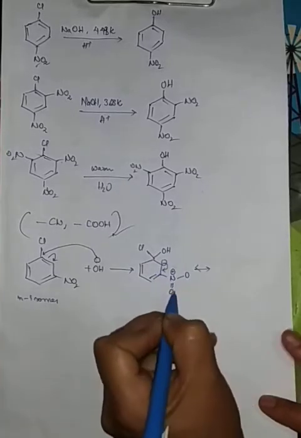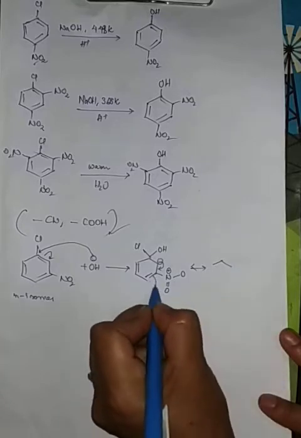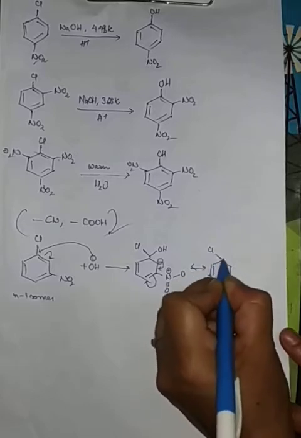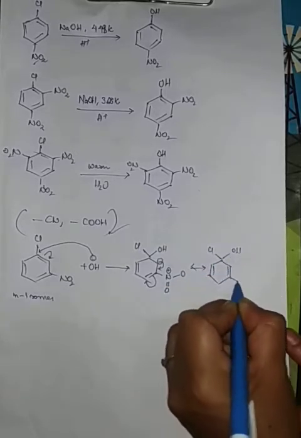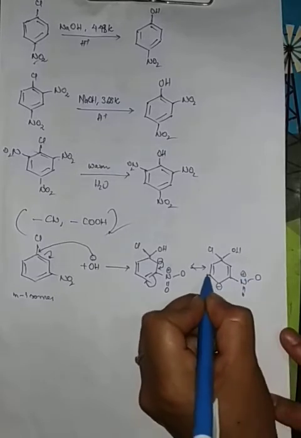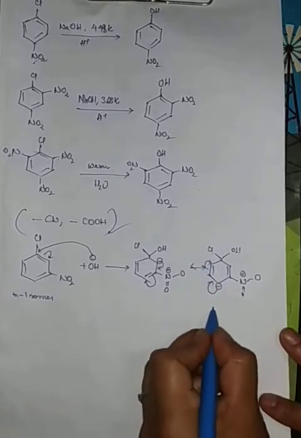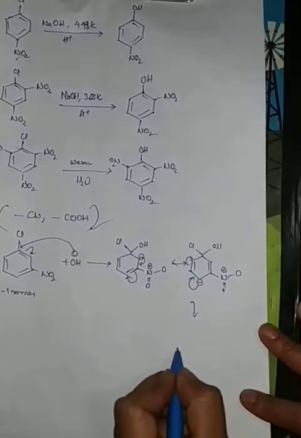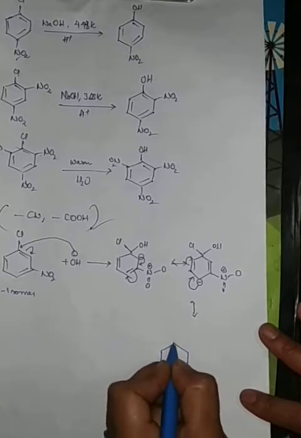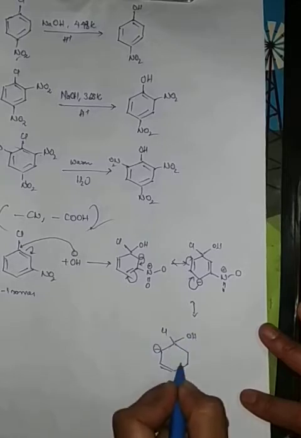If the electron pair shifts here, this one will move here, and then the nitrogen atom. Now if this shifts, this goes back here, and then we'll be getting a third resonating structure here, that is Cl, OH. Bond would be formed, the negative charge would be here.